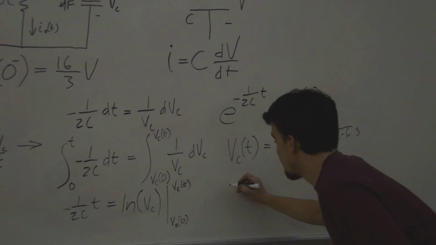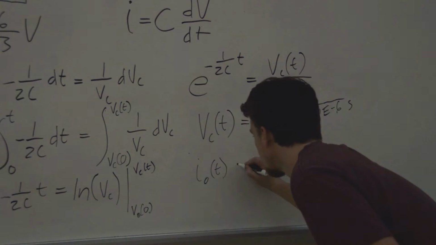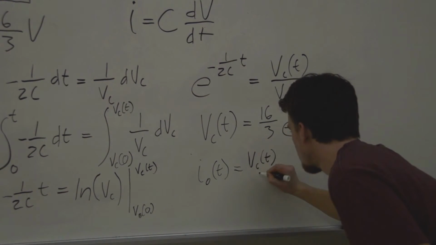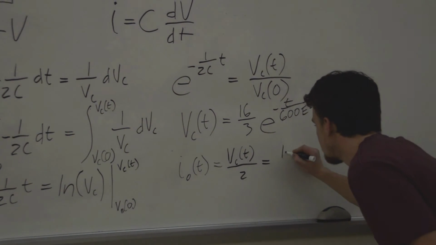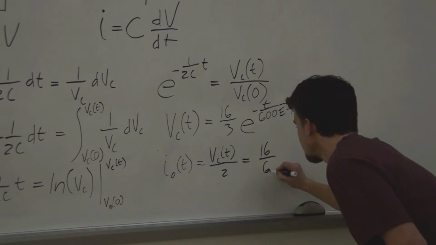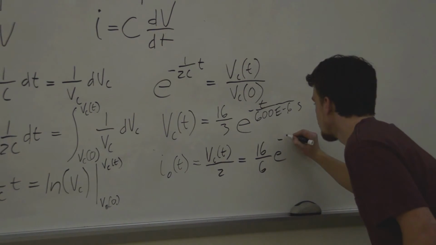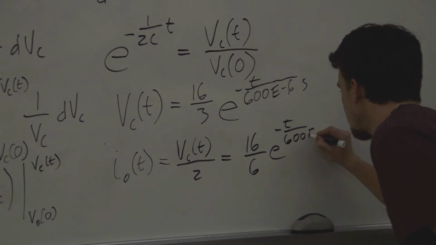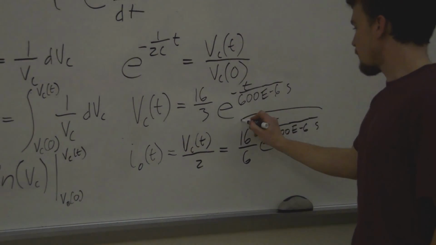So I naught of t is equal to VC of t divided by 2, and that is going to equal 16 over 6 amps times e to the negative t over 600 microseconds. And that is our answer.